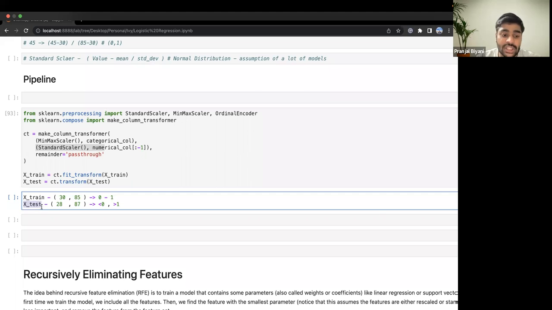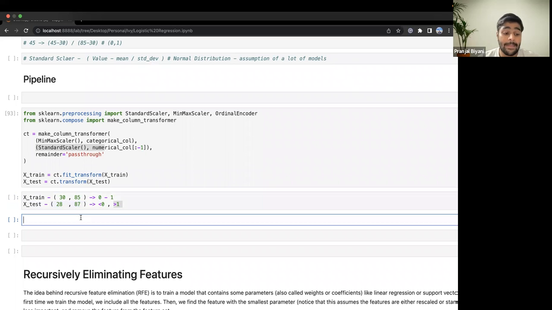When making a prediction, I have to transform the data into the scale that the model has seen. Then when I transform, the value will obviously be less than 0 and greater than 1. Why? Because my transformation is age minus minimum val divided by max val minus minimum val. This max val and minimum val are the training data's values.